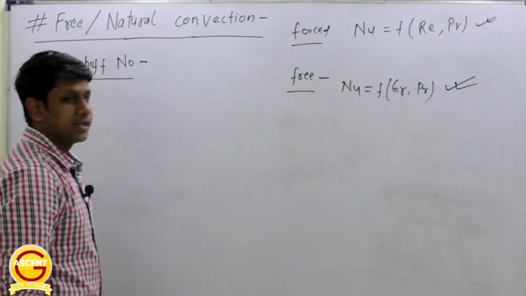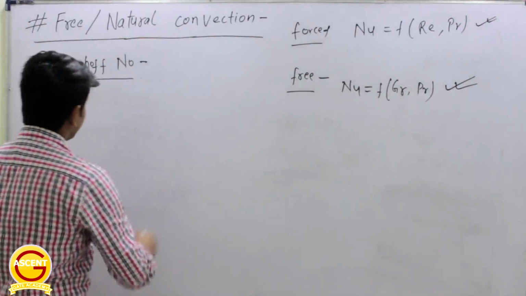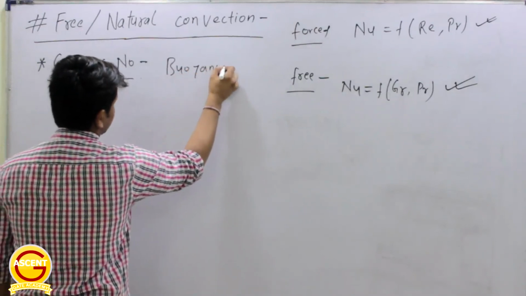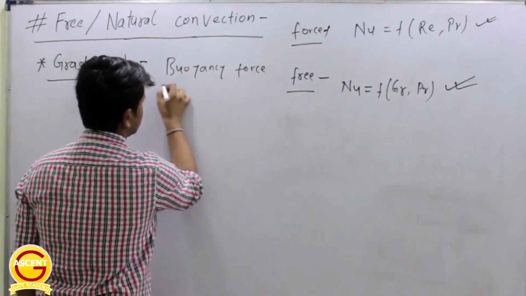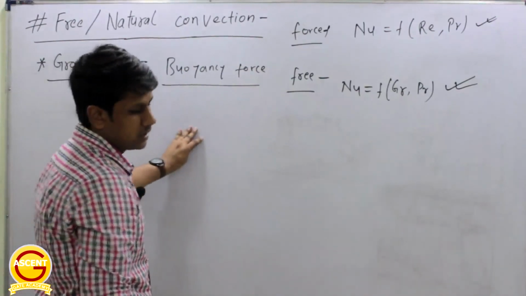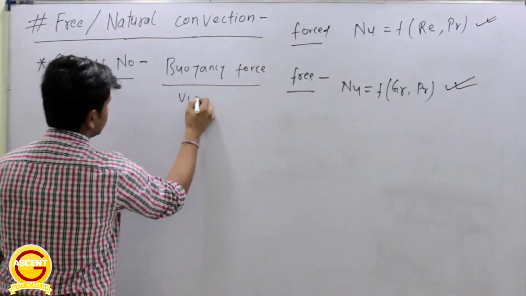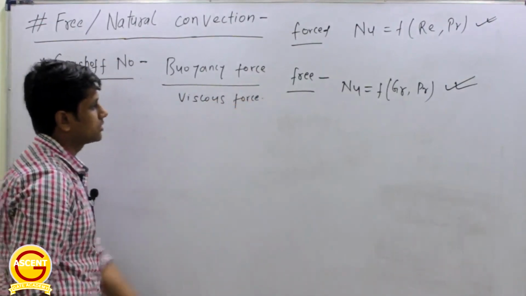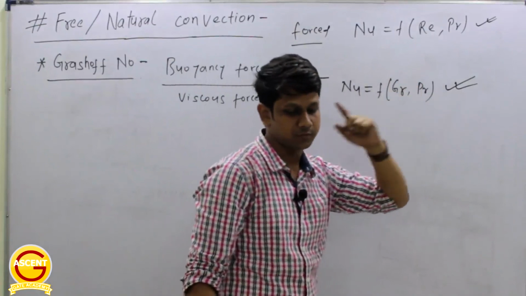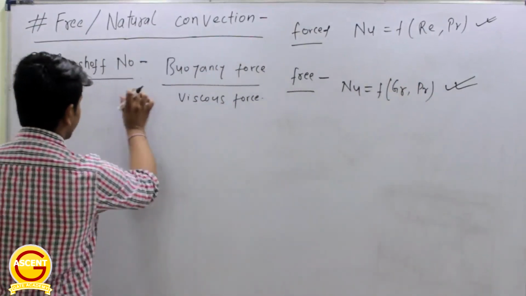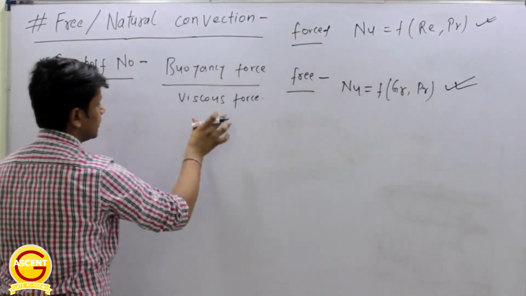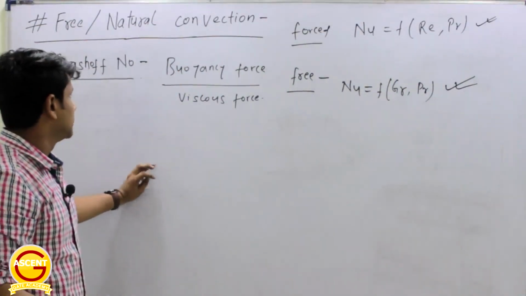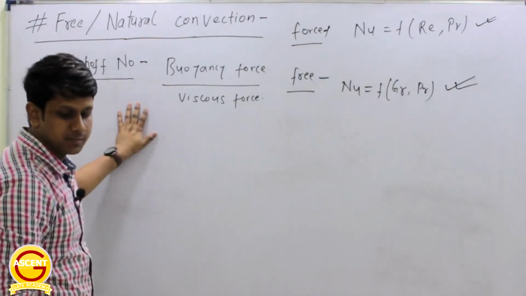So let's see what the Grashof number is. The Grashof number is a ratio of the buoyancy force to the viscous force, while the Reynolds number was a ratio of inertia force to viscous force. This can sometimes be asked in the GATE examination as a 1 mark question. So that's why in free convection this part is important.